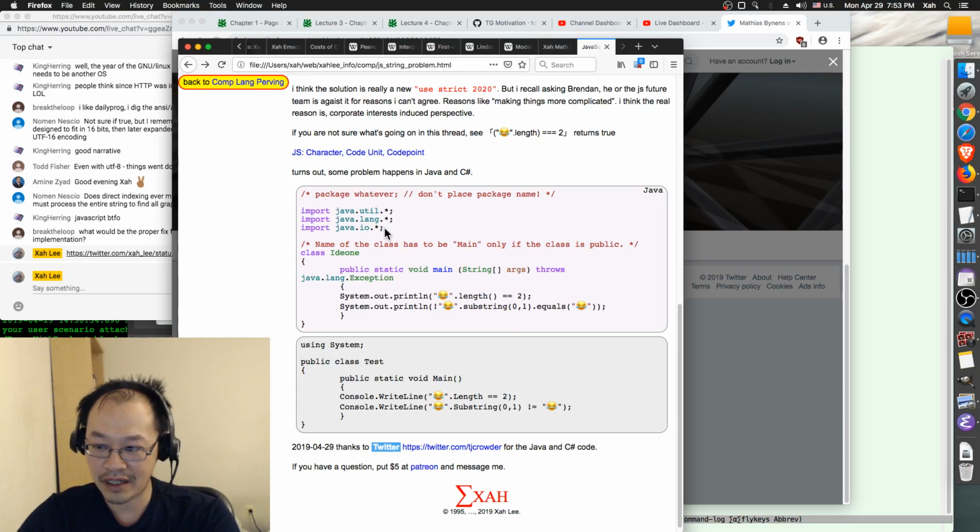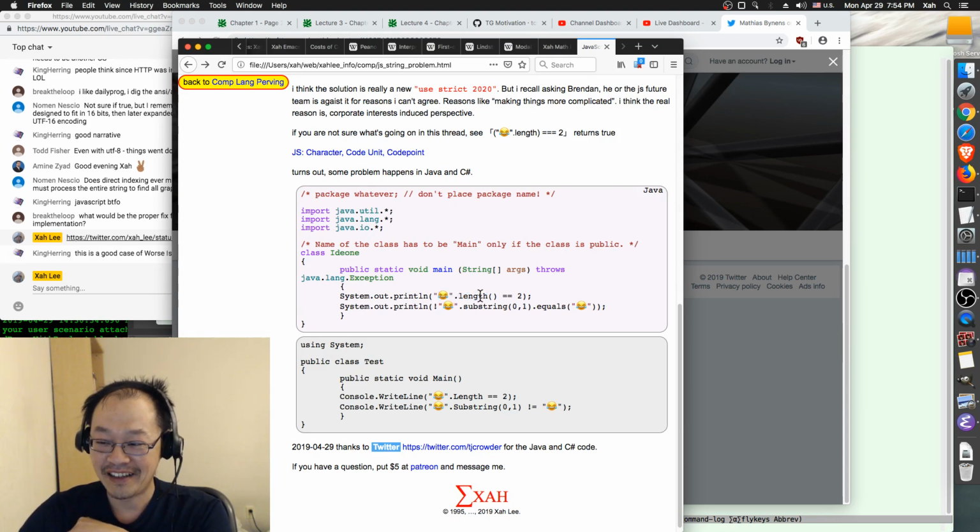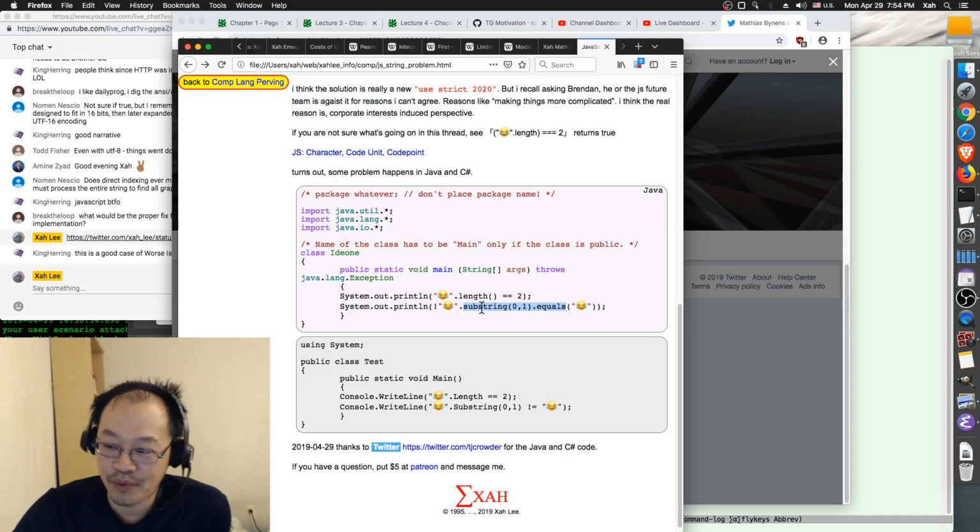If you look at this code, it is Java, and it has the same problem. You have a smiley, and the length is 2. This example also shows that a string method is broken, just like JavaScript. And here is an example from the C sharp language, the same problem.